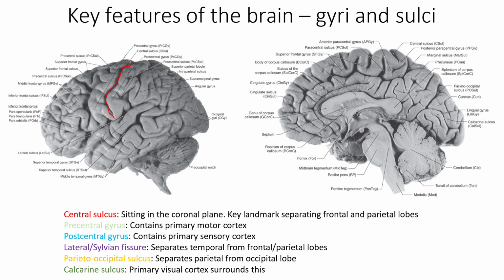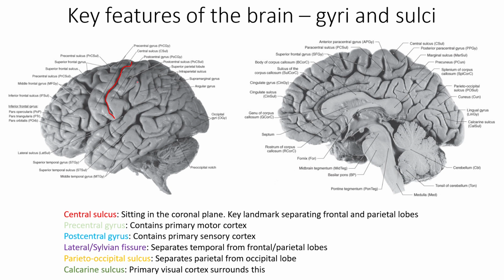Now this is a really important landmark within the brain, because not only does it separate the frontal lobe, which sits anterior to the central sulcus, from the parietal lobe that sits posterior to the central sulcus, it further subdivides the brain into broadly motor regions sitting anteriorly and broadly sensory regions sitting posteriorly.